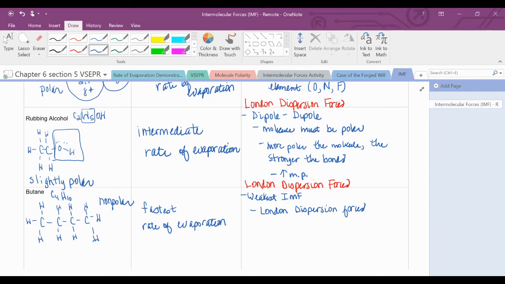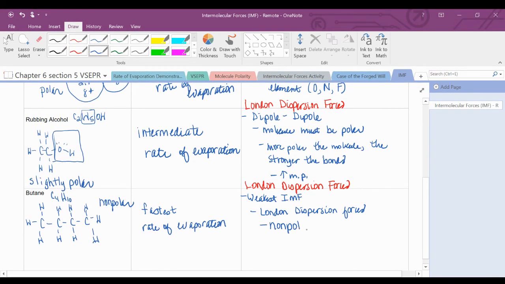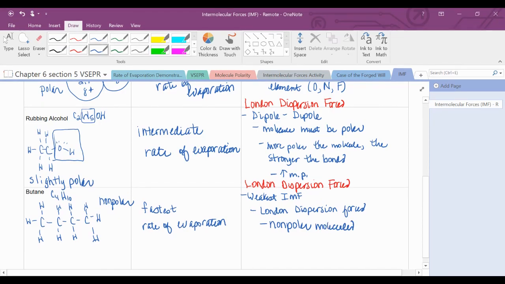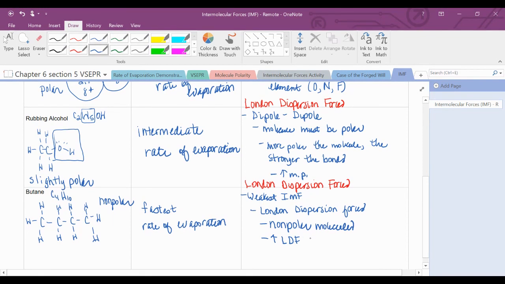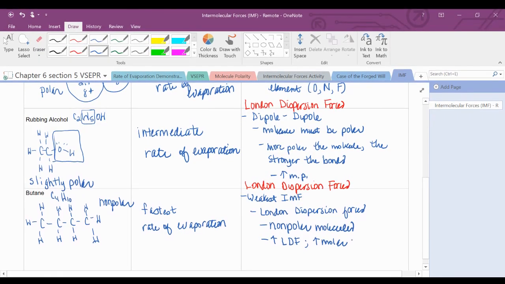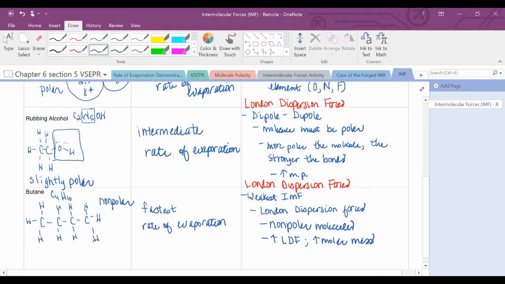But molecules that are nonpolar are the only ones that only have London dispersion forces. And what we typically see with LDF, the abbreviation for London dispersion forces, is that they increase as the molecule gets bigger. And again, the way we can tell size is by the molar mass.